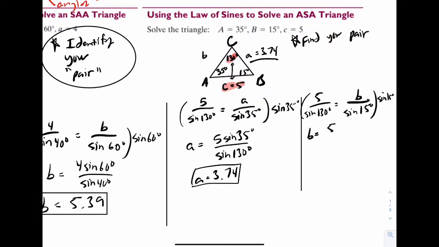So b should equal 5 sine 15 over sine 130. So b must equal 1.69. And again, you get these values by plugging them in your calculator. 1.69. Okay, so I'm going to quickly highlight the answers we found. There's your 130, there's your b, and there's your a. So there's your complete triangle.